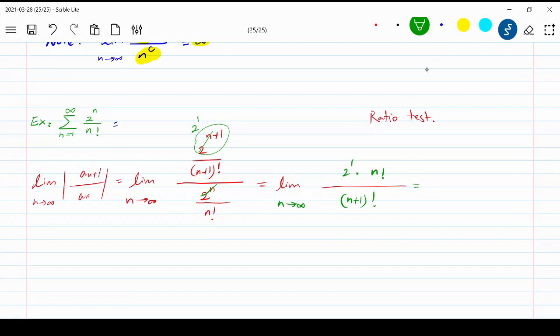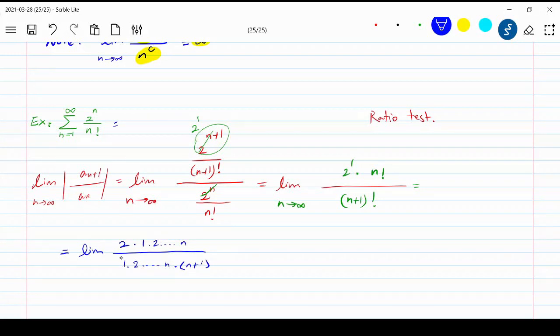Okay, so if you remember, in the last section I already simplified some of these. And if you don't remember, if you're dealing with factorials divided by each other, you can write them out. This 2 is still there. n factorial would be 1 times 2 times 3 times 4 up to n. And in the denominator, you have (n plus 1) factorial, which is exactly the same thing, except there is an extra term, n plus 1.